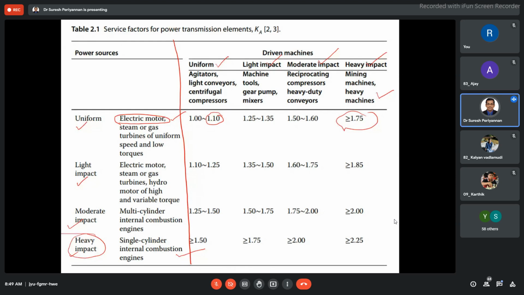Suppose we go for heavy impact utility using this power source, a single cylinder or internal combustion engine. Then your nominal power transmission capacity is 100 kilowatt, but you should design the component for 225 kilowatt, to ensure our safety. Okay, this is the thing.